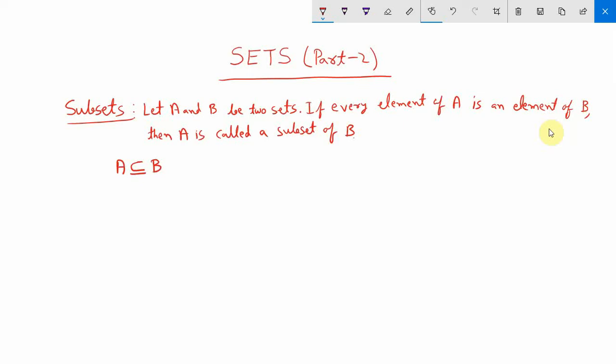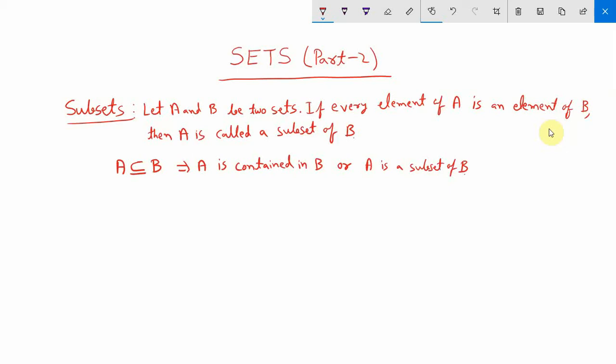It means A is contained in B or A is a subset of B. Okay.